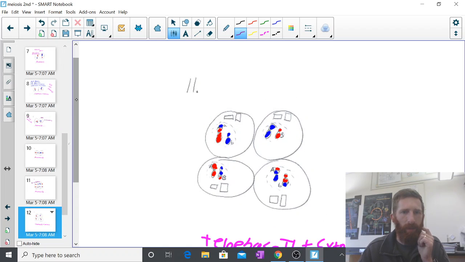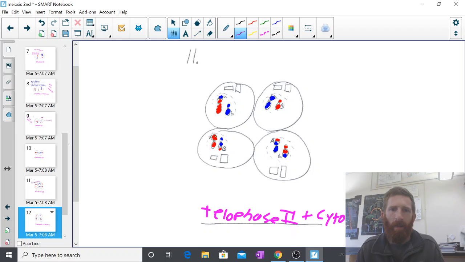The next phase is telophase and cytokinesis. So now we're going to pretend that cytokinesis has already happened and there's a line in between there. Telophase, same things happen: the nuclear envelope reforms, the chromosomes start to unravel, and the spindle bundle goes away. All the good stuff that happens during telophase happens. Now, watch.